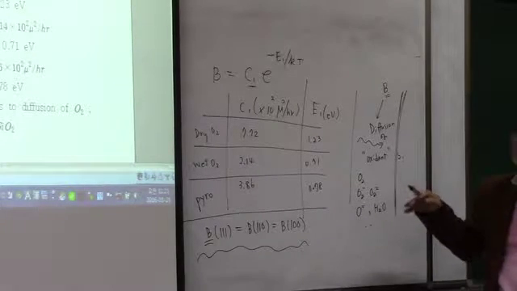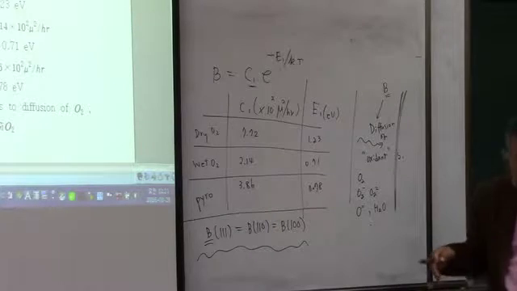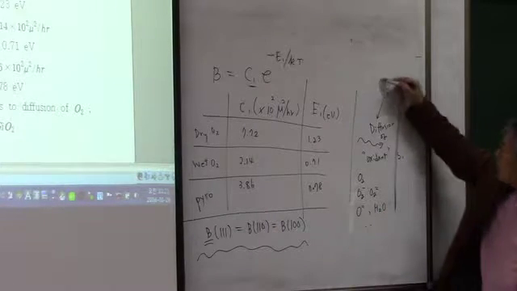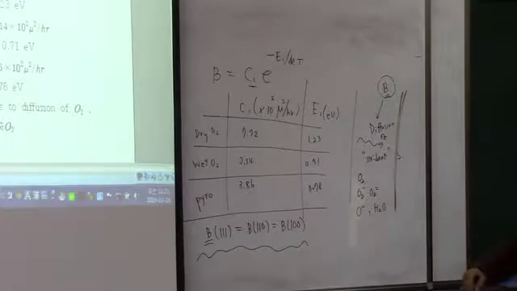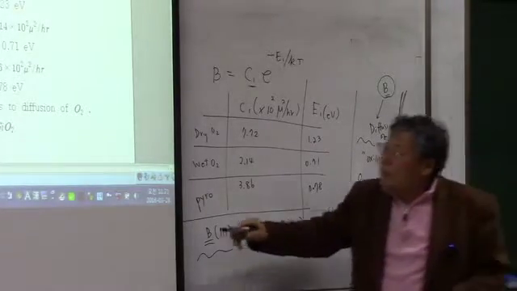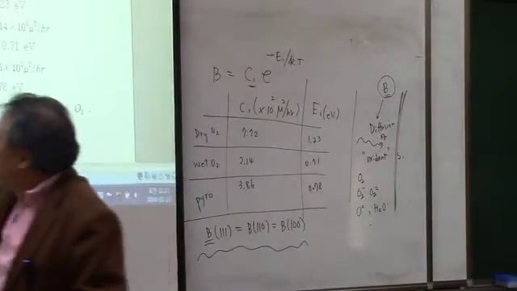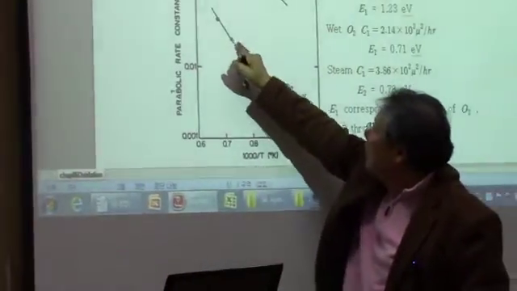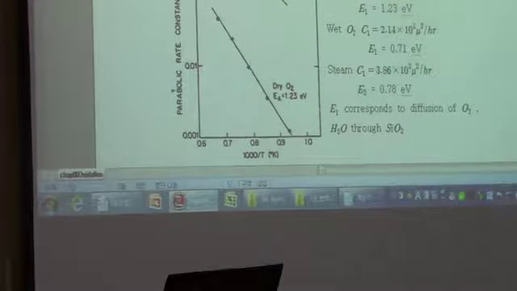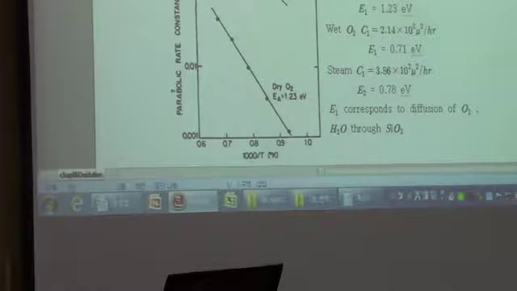It is not physically related to the constant B. Okay, so that's why we have the same values on different crystallographic directions. But this is what we can summarize in this figure. Okay?